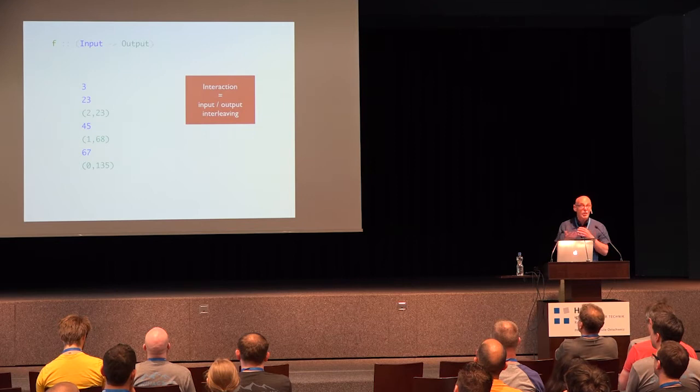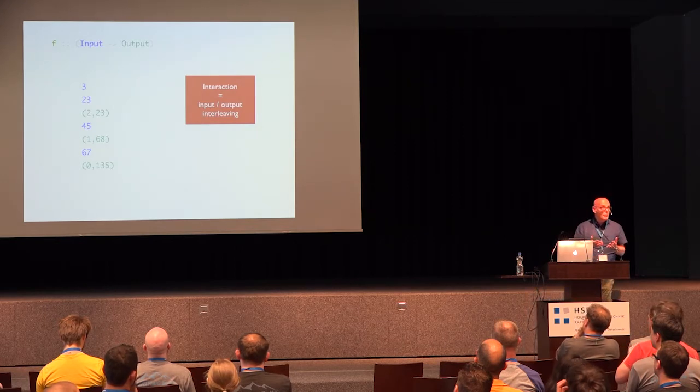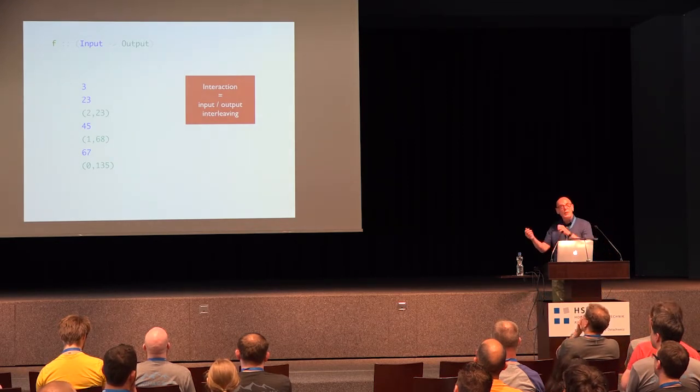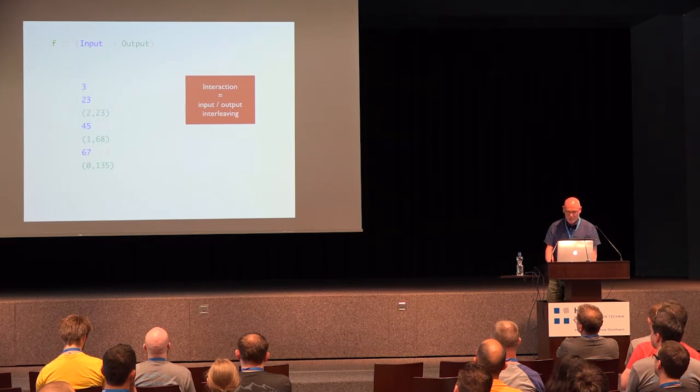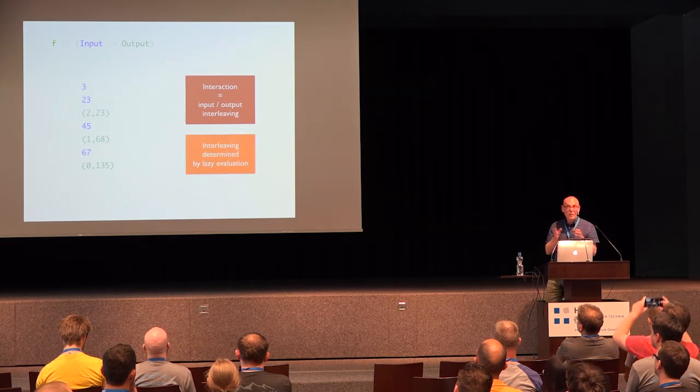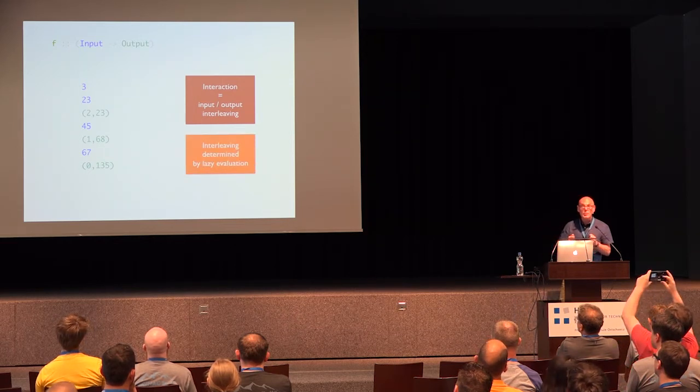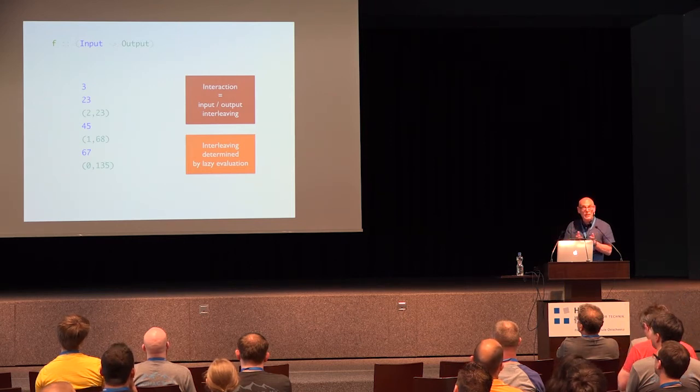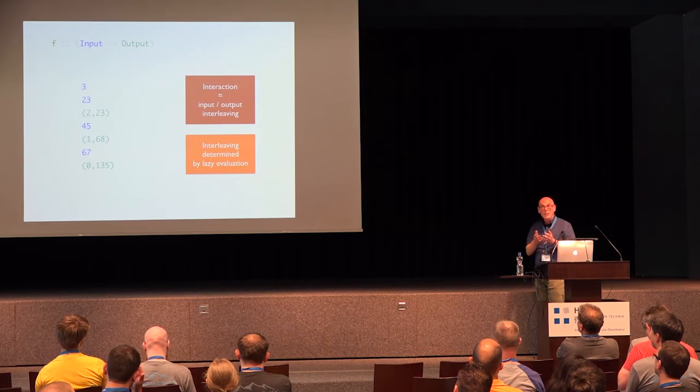So the interaction, what this means as an interactive program, is how input and output are interleaved. And in the context of the interact function, interleaving is going to be determined by lazy evaluation. So at least the context to this is lazy evaluation.